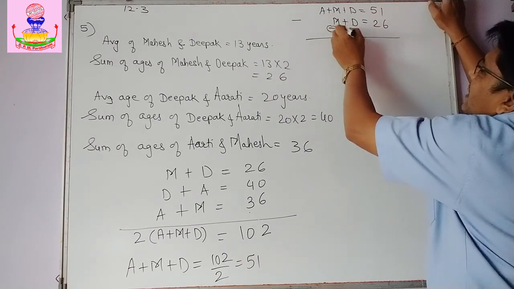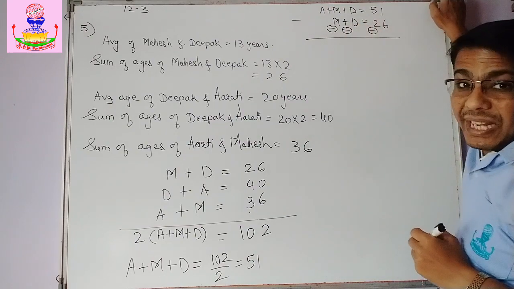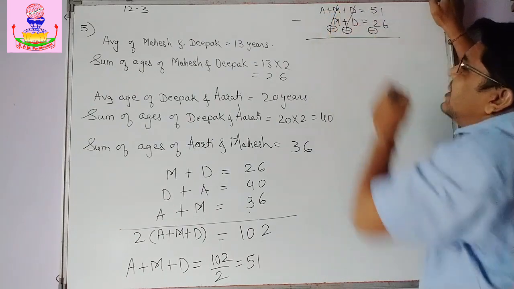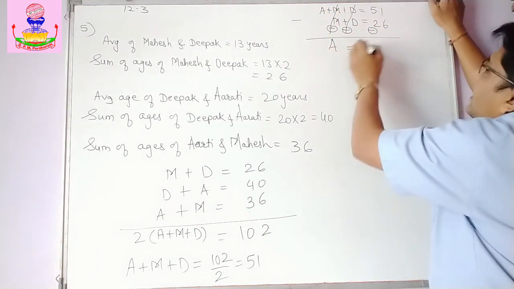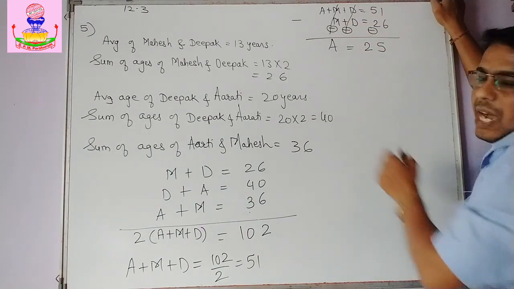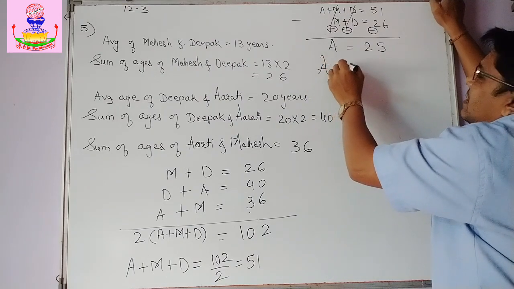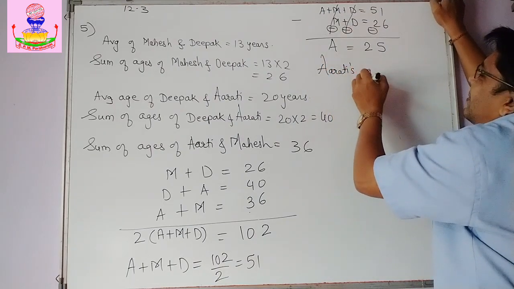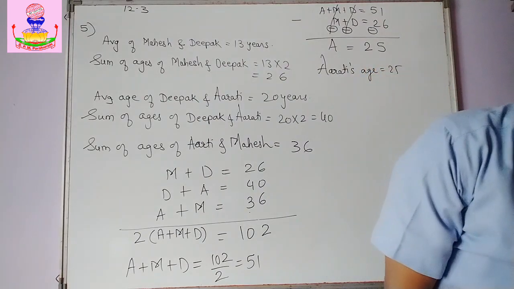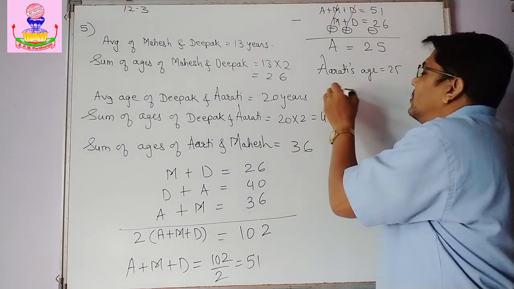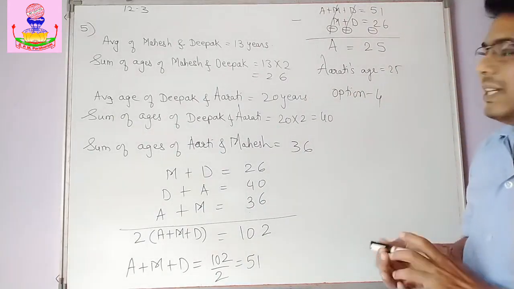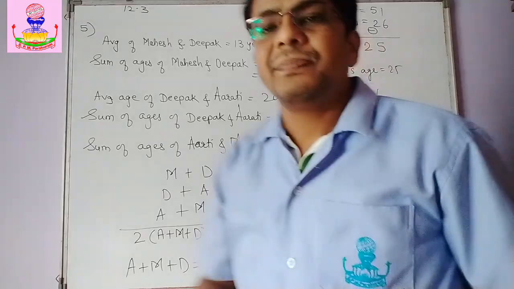So this becomes minus, this becomes minus. You are well acquainted with the sign changes in algebraic expressions, right? Plus M minus M cancel, plus D minus D cancel, left is A. Now 11 minus 6, 5, 4 minus 2, 2. So Aarti's age is 25. That is the answer. So option number 4. Do you get it? Okay. Now let's move to the next example.